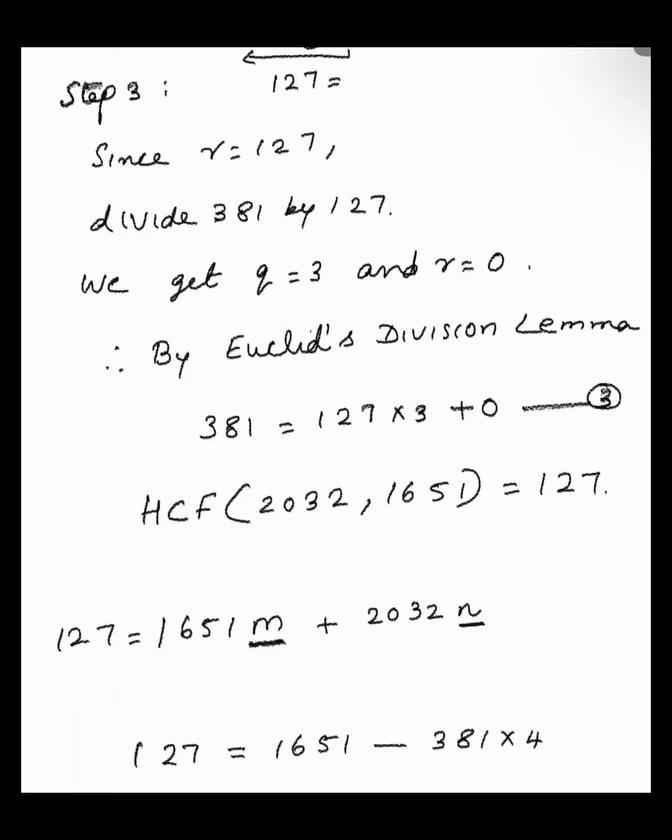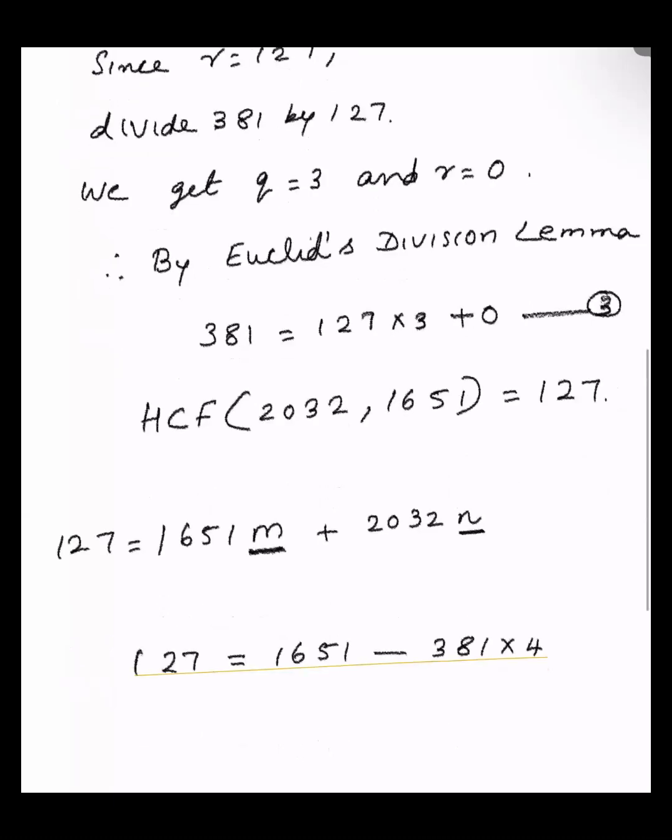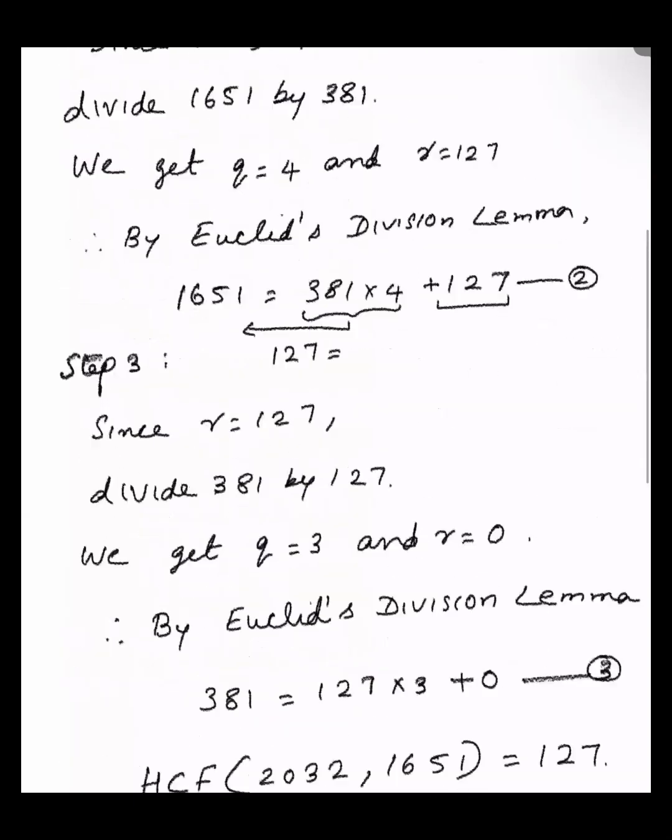Here again, you don't need 381 in your final answer. How should your final answer look? It should have only 1651 and 2032. 381 shouldn't be there. So the next step is to look for how you can express 381.